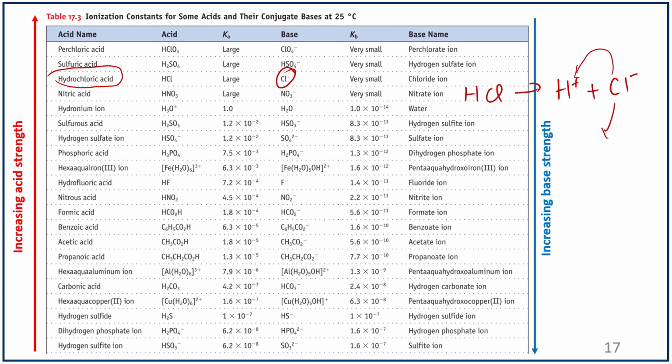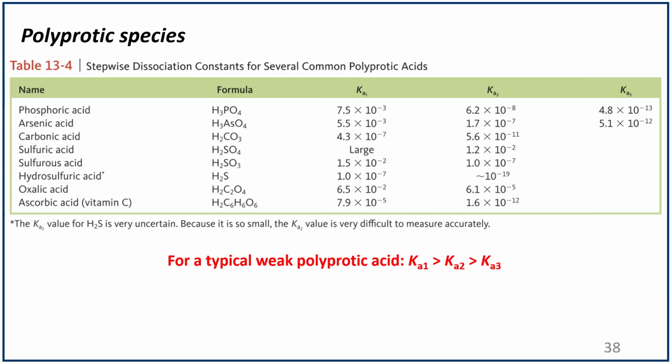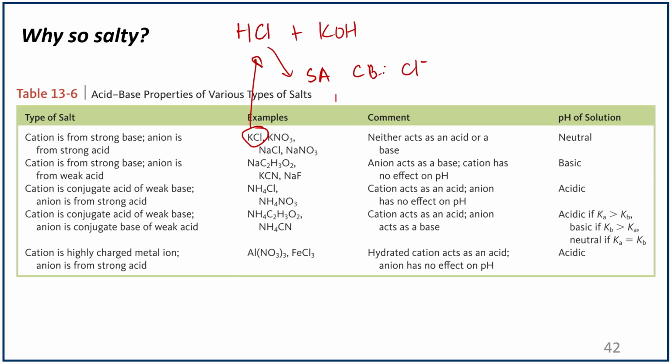So for that, we can say that conjugate bases or acids of strong acids and strong bases really don't have any acidic or basic properties at all. So again, here chloride has no basic properties. Potassium from potassium hydroxide, which is the conjugate acid, also has no acidic properties.